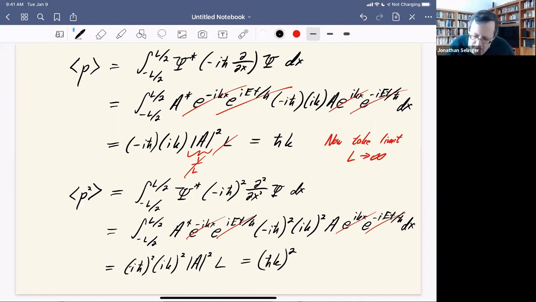Once again, we can take the limit of L goes to infinity, no problem. So we have values now for the expectation value of p and the expectation value of p squared.